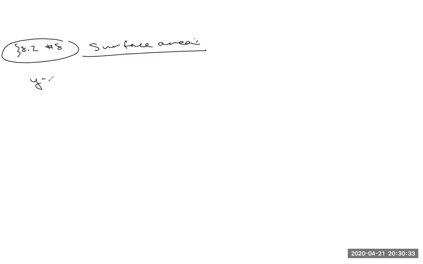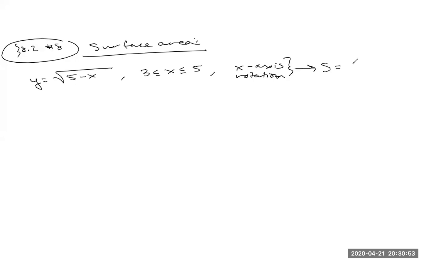And we have y equals root 5 minus x, with x being between 3 and 5, and its x-axis rotation, which signals to you that you're going to be using s equals 2 pi y ds, and then your bounds will be a to b, since we have bounds given for x.